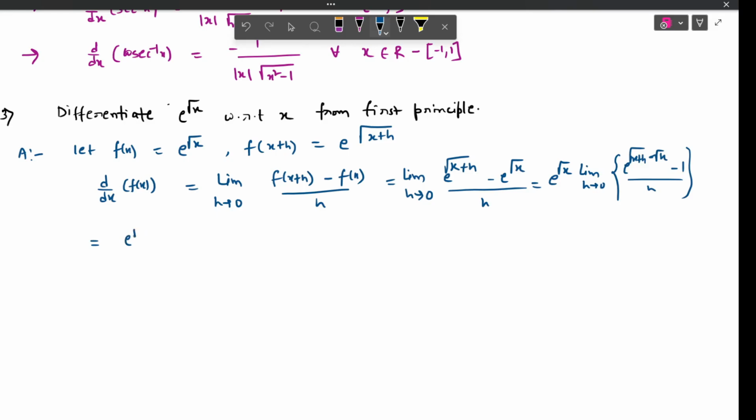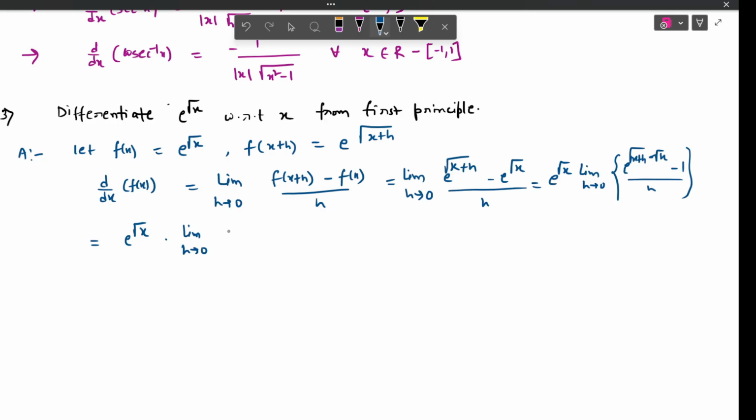So it would be e to the power root x into limit h tends to 0. Now what we know? We know e to the power x minus 1 by x is 1, right? So here in place of x we have this whole term, so you have to make the whole term in the denominator also.